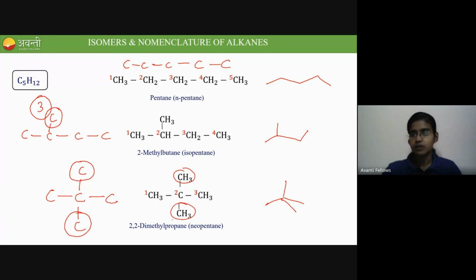Is the isomerism part clear to the person who has asked this doubt? Yes? Shall I move on with the alkenes? Yes? Okay. Just give me a second.